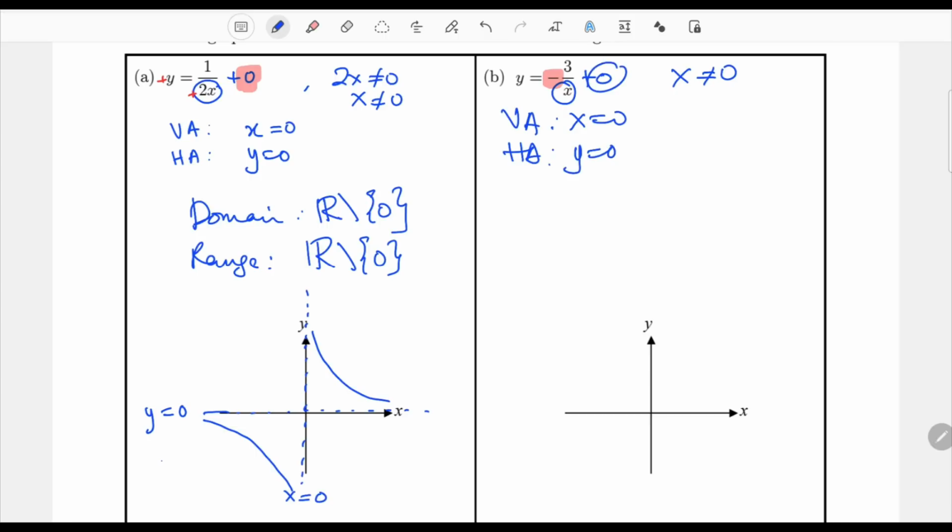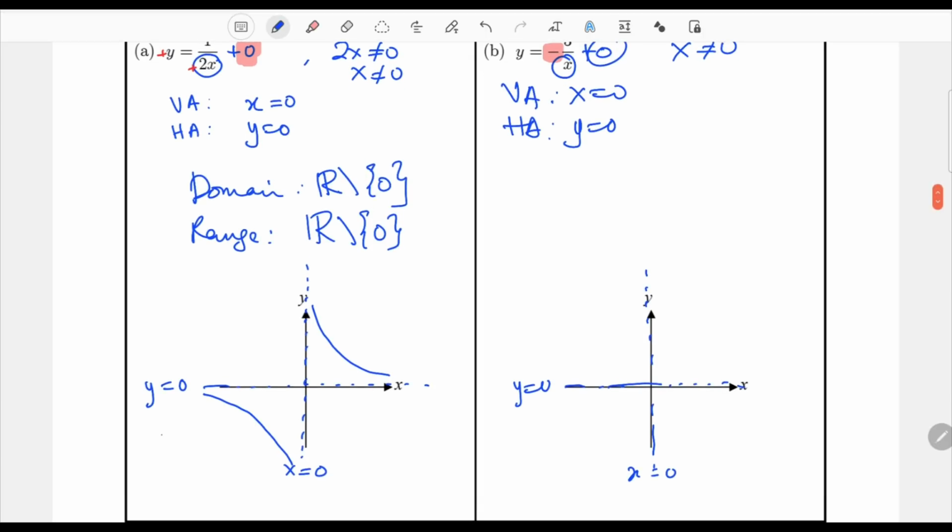Again, y equals 0. Okay, so you need to label your asymptote. So this is your vertical asymptote x equals 0. Here is the horizontal asymptote y equals 0. Okay. Since you have the negative there, meaning the graph should be somewhere here.